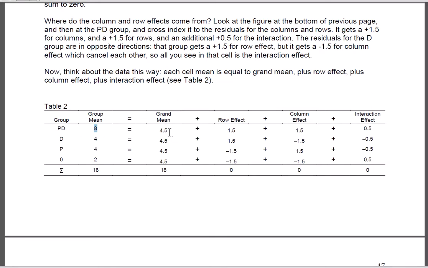8 equals 4.5 plus 1.5 plus 1.5 plus 0.5. And do the simple arithmetic and you find that same answer. And moving down to the last one, 2 equals 4.5 plus a negative 1.5 plus a negative 1.5 plus a positive 0.5, and so forth.